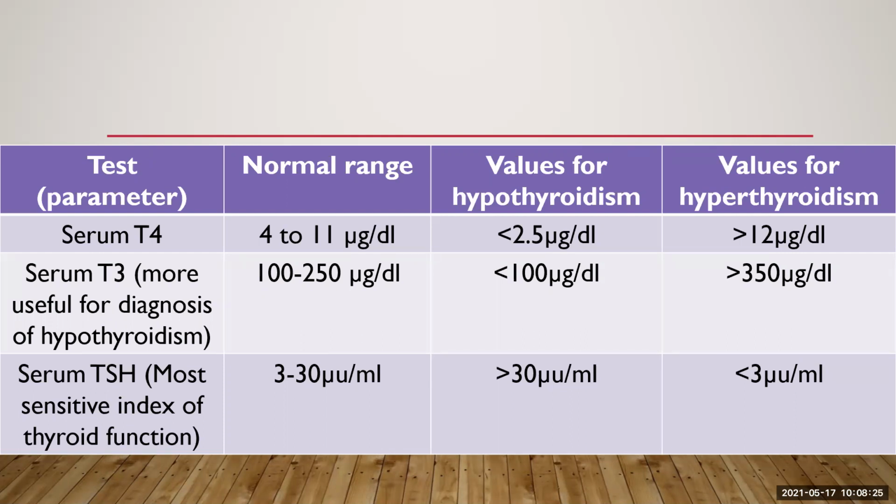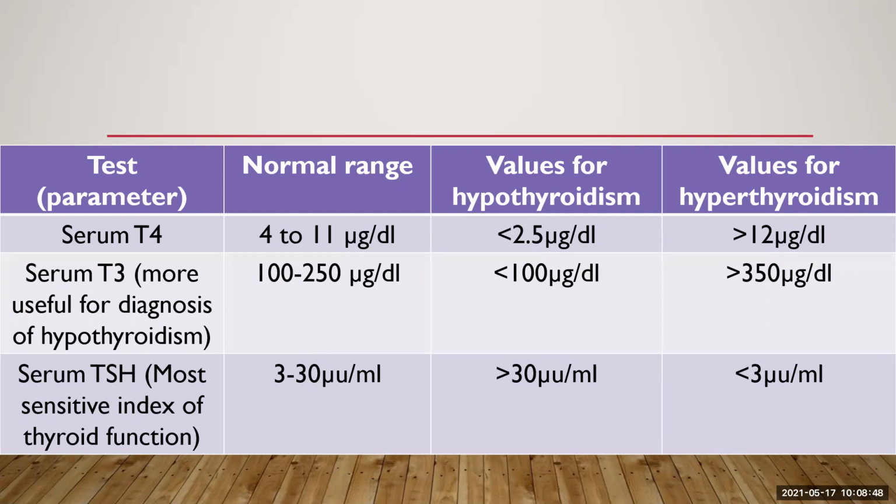So we base our diagnosis of hyperthyroidism on T4 more than T3, and we base our diagnosis of hypothyroidism on T3 compared to T4. Why? Because of the broad normal range and the higher concentration of T3 in the blood.